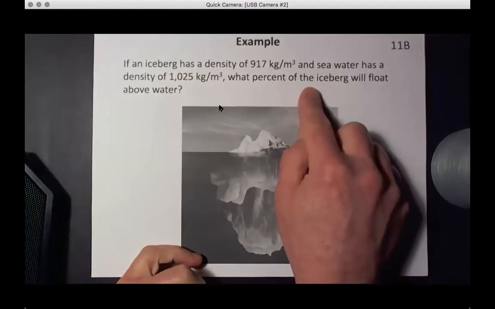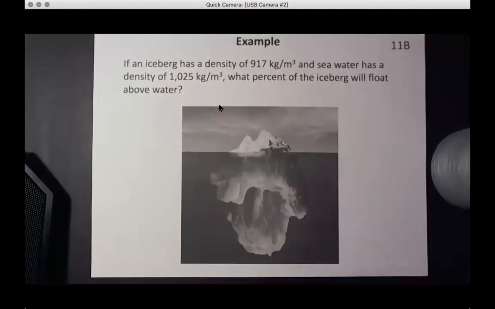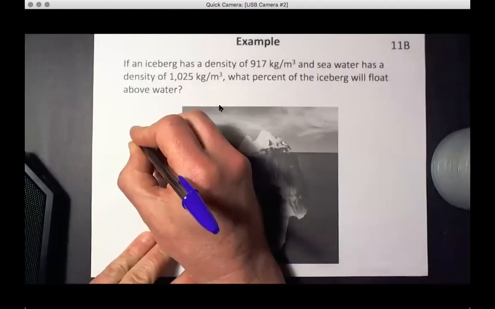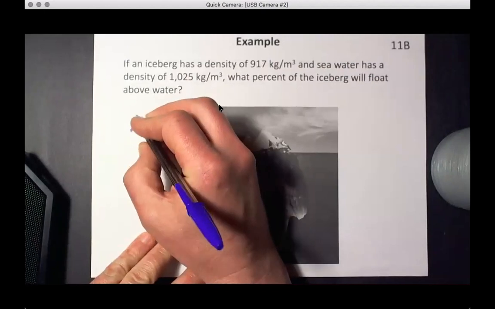What percent of the iceberg will float above the water? Well, we start this as we usually do, talking about the buoyancy force. So we'll draw a free body or force diagram.